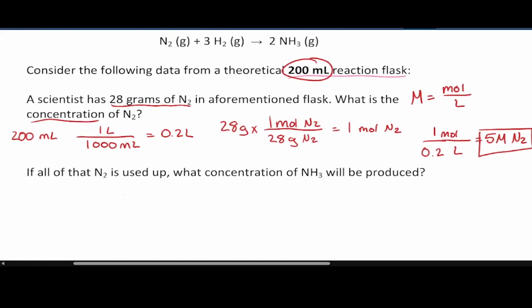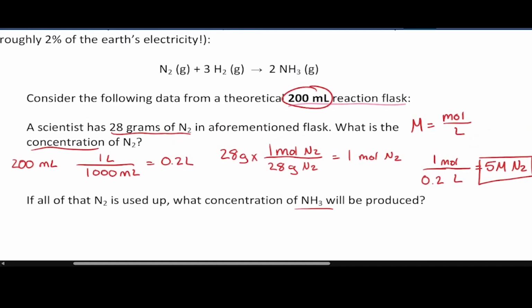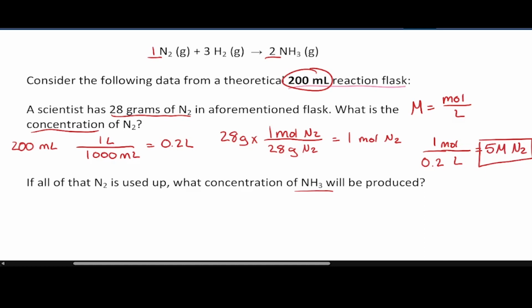Now it's saying if all that N2 is used up, what is the concentration of NH3 produced? For this, we're going to use the mole ratio. If we look at N2, it has a 1 in front of it. Well, not written in, but there is a 1 in front of it. And NH3 has a 2, so it is a 1 to 2 ratio. If I have 1 mole of N2, as stated from the previous problem, and I'm trying to convert to moles of NH3, I would have 2 moles of NH3 per 1 mole of N2.